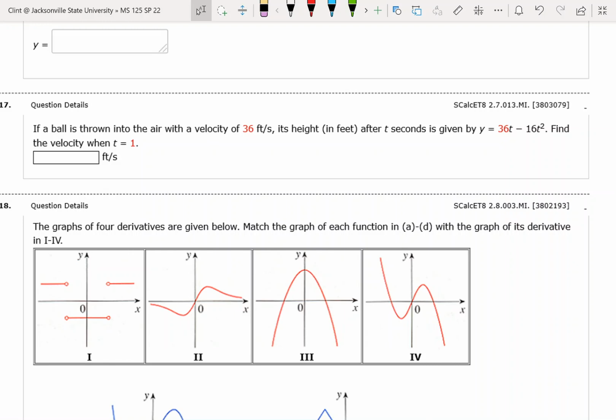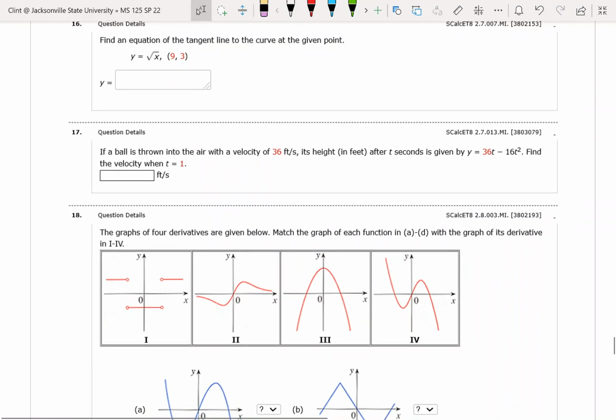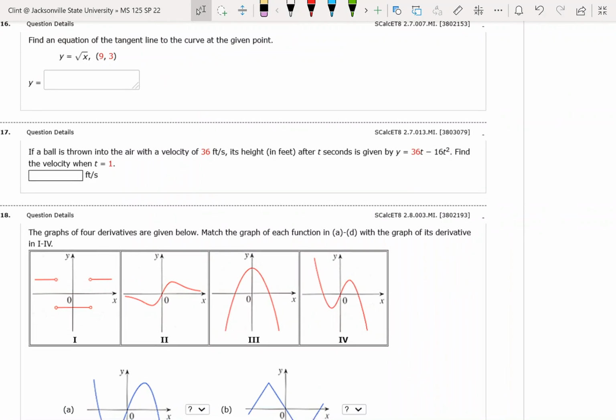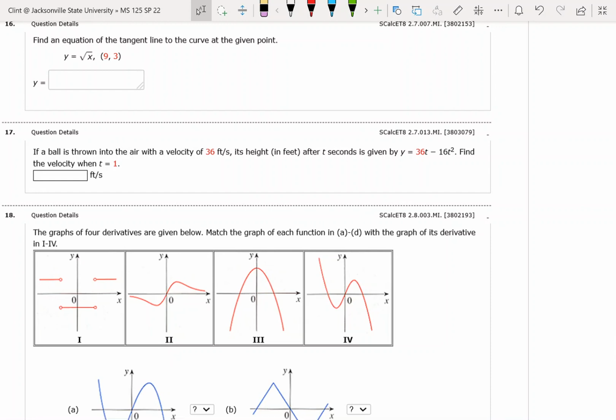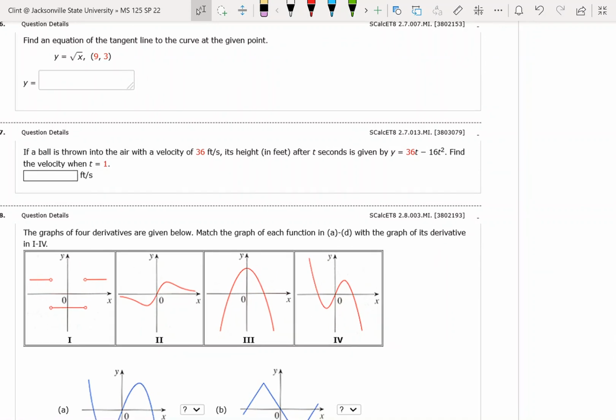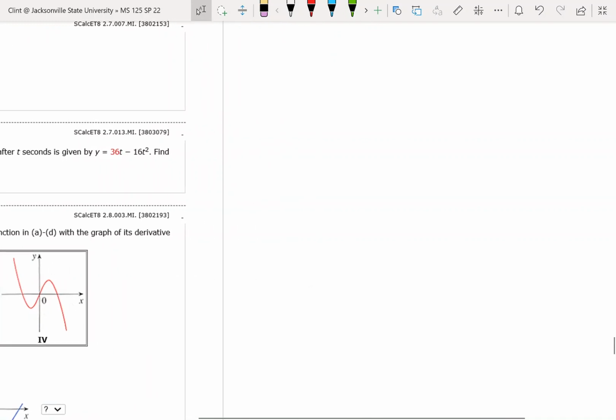Let's see what the best way for us to work this is. That one doesn't give us a lot of room to work, so I'll work it out to the side here. I'm going to take our y equals function and, just for convenience, call it f of x.